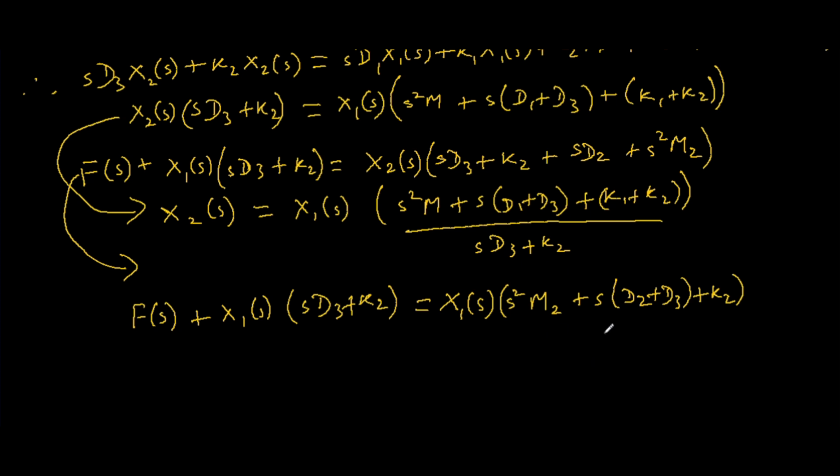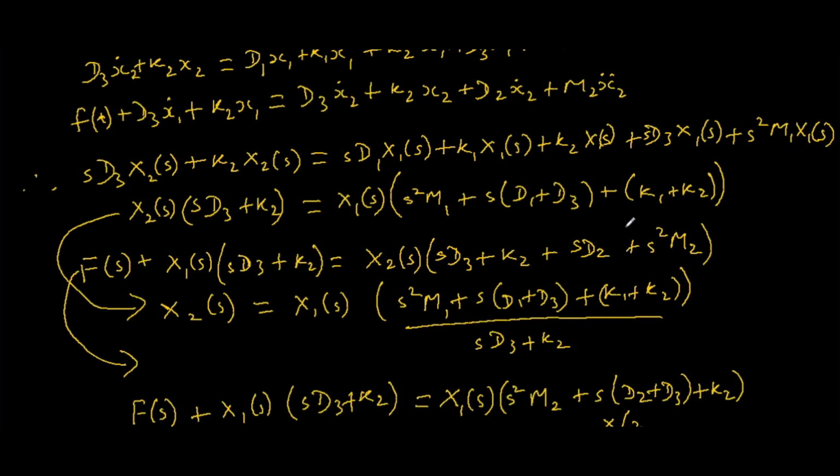So all of that multiplied by S squared M, this should be M1, I believe. Let me just confirm that that is actually M1. I dropped the M somewhere by mistake. Yeah, that should be M1 because that comes from here.